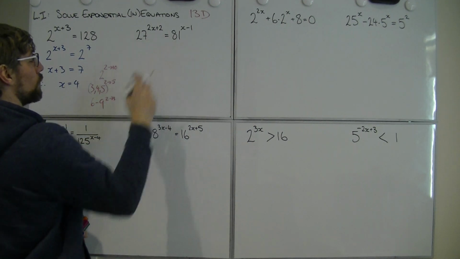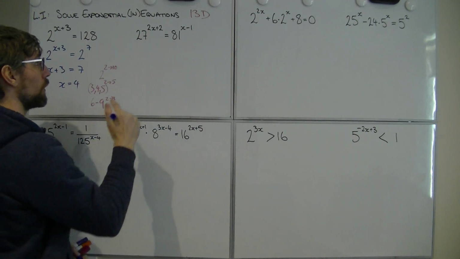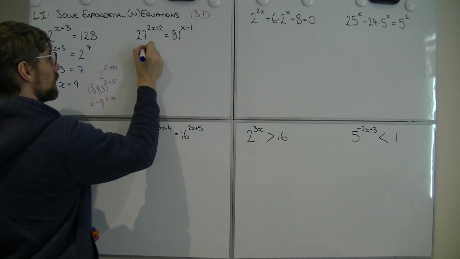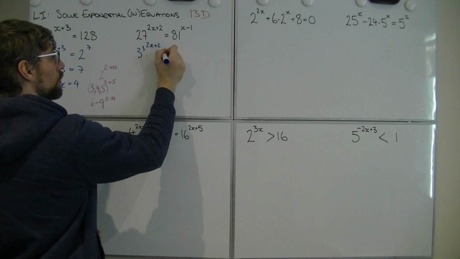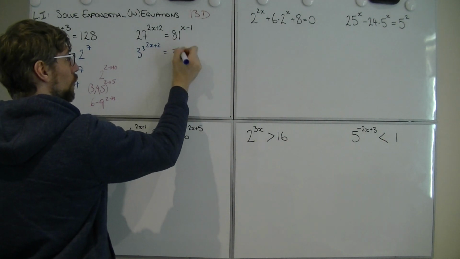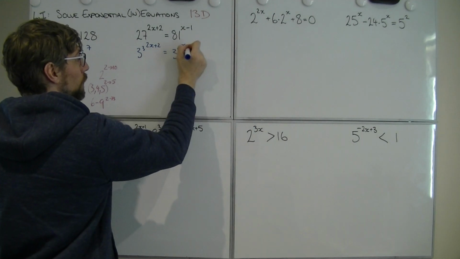Okay, well, what have I got? 27 and 81. Hopefully, after you've done a little bit of thinking, these are both powers of 3. Okay, so this is 3 to the power of 3, all of that to the power of 2x plus 2. And this is 3 to the 4, all of that to the power of x minus 1.